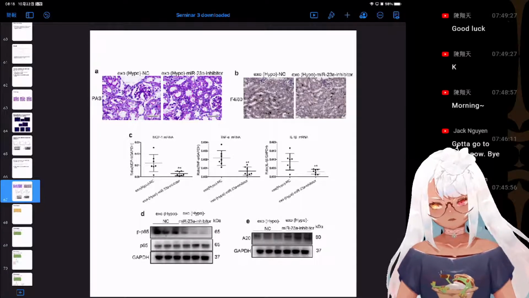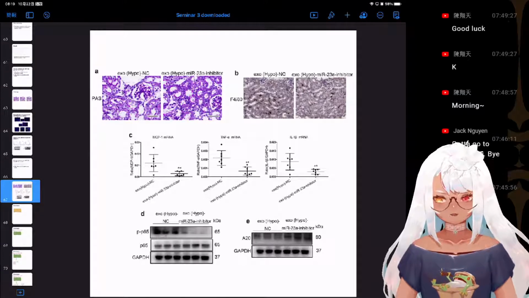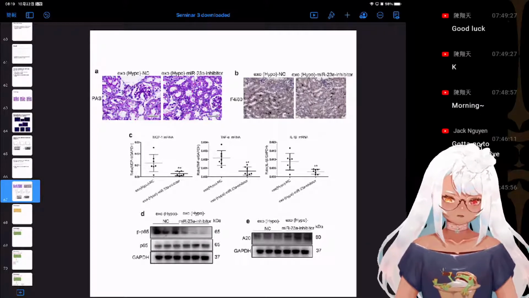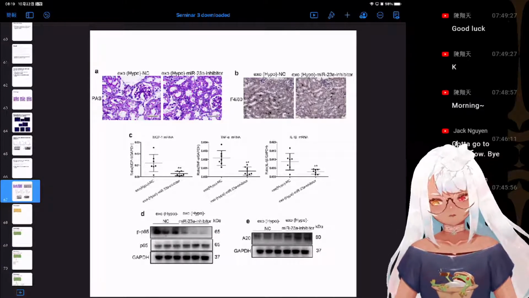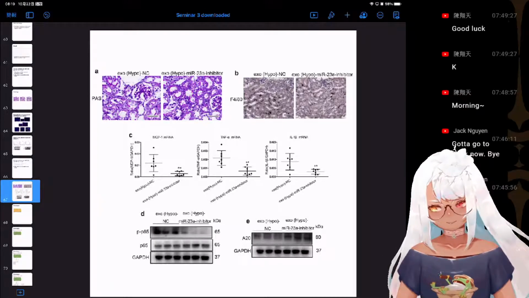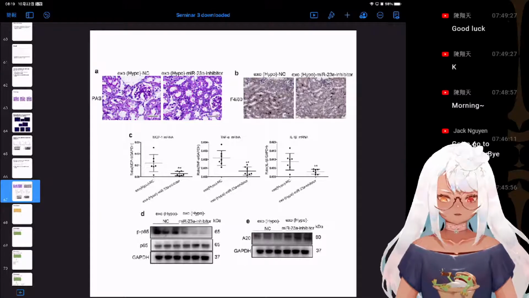As we can see here, compared to the exosome group, inhibition of mitochondria can actually improve it, and there is a decrease in the infiltration of macrophage. Also, the inflammatory molecules level decrease, as well as phospho P65, and there's an increase in A20.